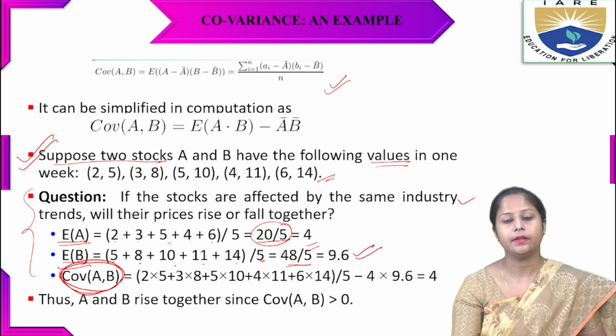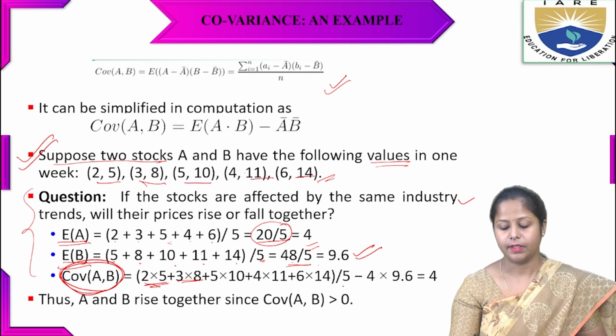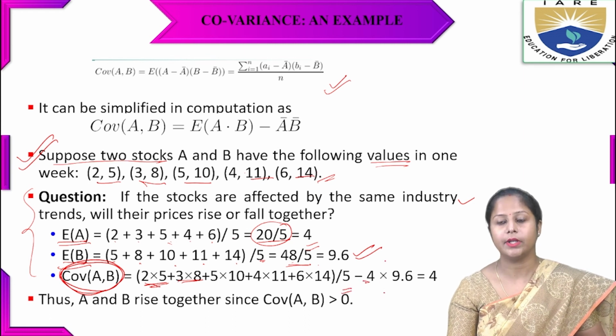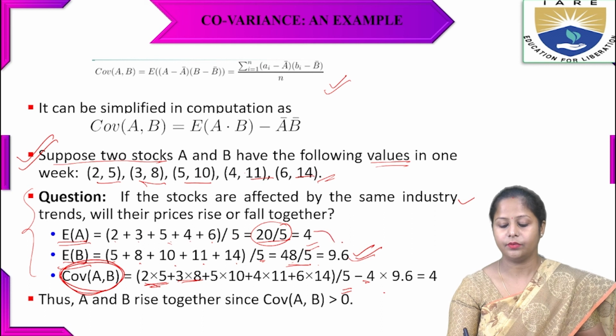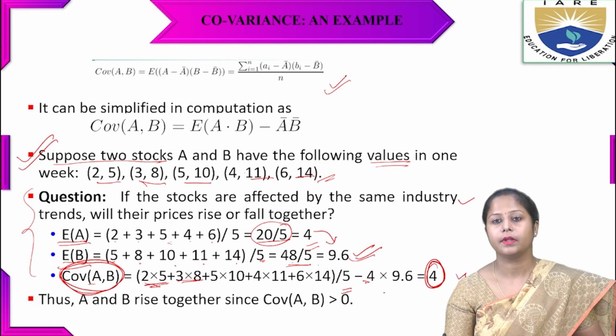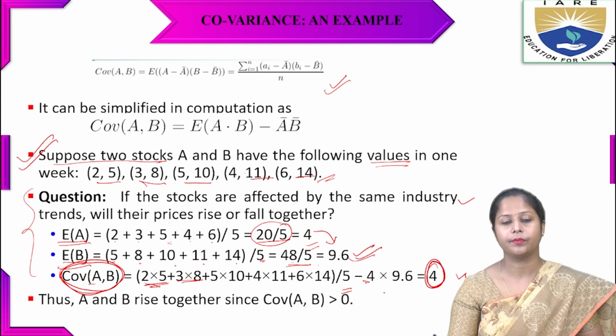Now we calculate the covariance of A and B together. That is 2 into 5, 3 into 8, 5 into 10, 4 into 11, 6 into 14, divided by 5, minus 4 into 9.6. The covariance comes to 4.